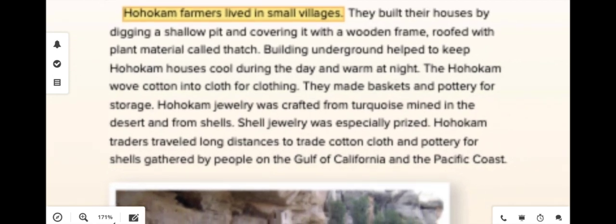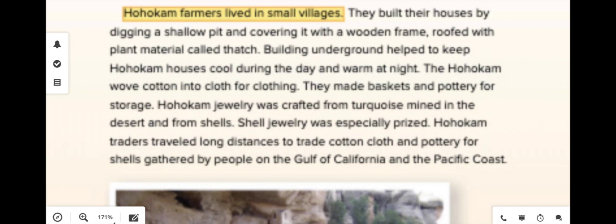Hohokam farmers lived in small villages. They built their houses by digging a shallow pit and covering it with wooden frame roofs with plant material called thatch. Building underground helped to keep Hohokam houses cool during the day and warm at night. The Hohokam wove cotton into clothes for clothing. They made baskets and pottery for storage.